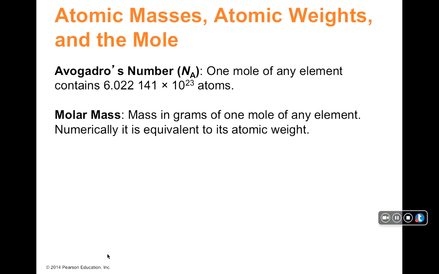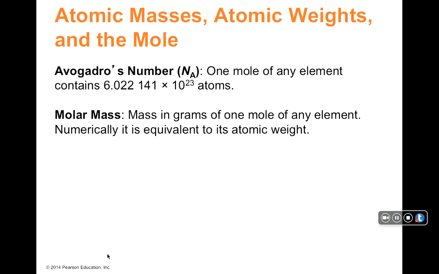We didn't do one of these in the discussion, but be thinking about how that applies. If we have a mole of hydrogen atoms, we have 6.022 times 10 to the 23rd hydrogen atoms. If we have a mole of water molecules, and I asked you how many water molecules we had, you would say 6.022 times 10 to the 23rd molecules. So it can apply to molecules as well.